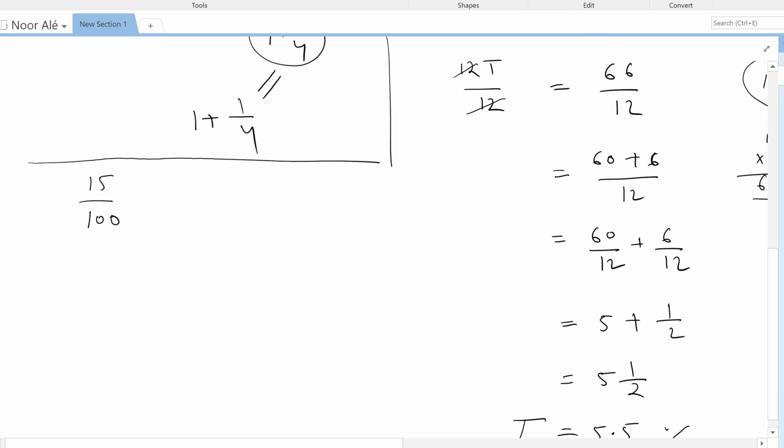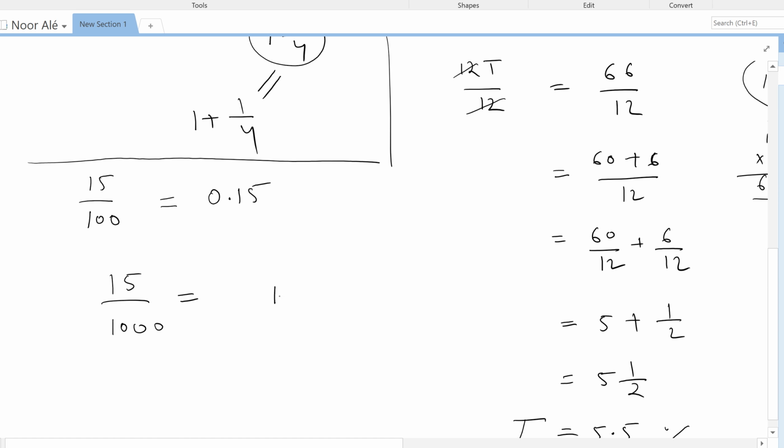Now 15 out of 100 looks like 15 cents, right? 15 out of 100, that means we write it like that. It's the same logic. You have two zeros and you count the points, one digit, two digits, and you put it there. Now let's talk about one more example. 1000 at the bottom.